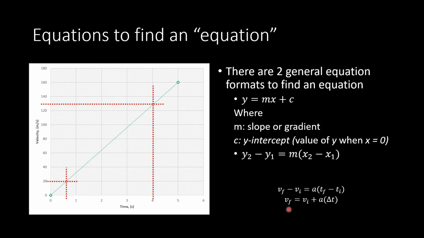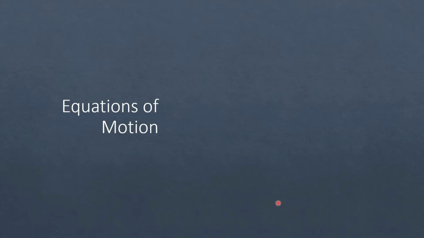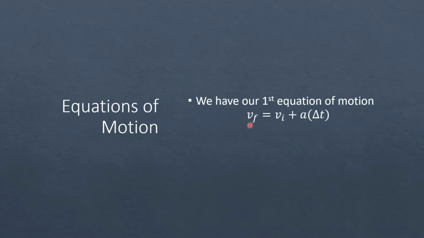Now, using this, we were able to come up with the first important finding of today's lecture, and that is that we've got our first equation of motion, which relates the final velocity to the initial velocity, the acceleration, and the change in time. That's our very first important relation that we've developed today.